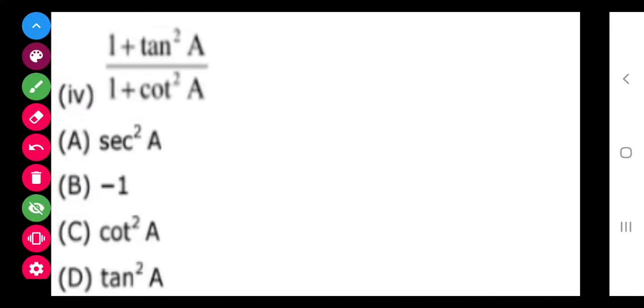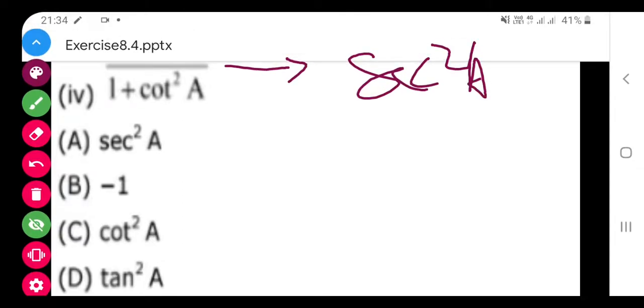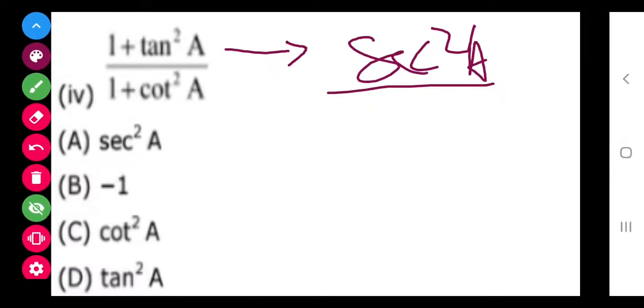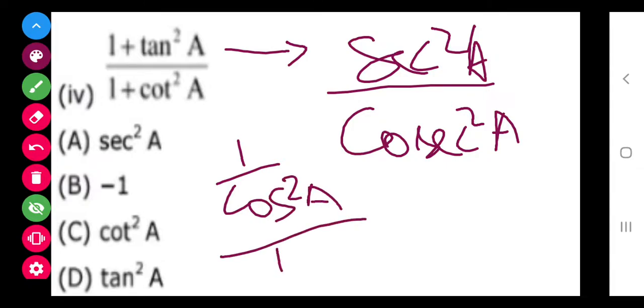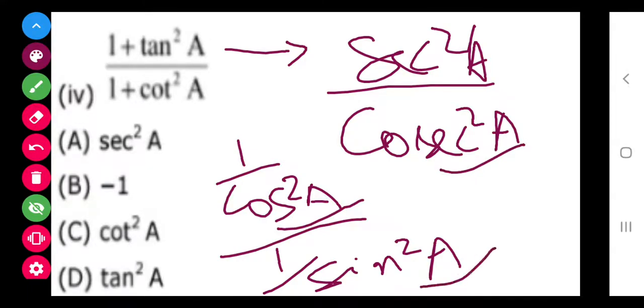Now this last option, there are many ways to do this question. We can directly use the identity. My method is, in place of this I will write sec square A. In place of 1 plus cot square A I will write cosec square A. Now sec square A can be written as 1 upon cos square A, and 1 upon cosec square can be written as 1 upon sine square A, because we know sec is the reciprocal of cos and cosec is the reciprocal of sine.